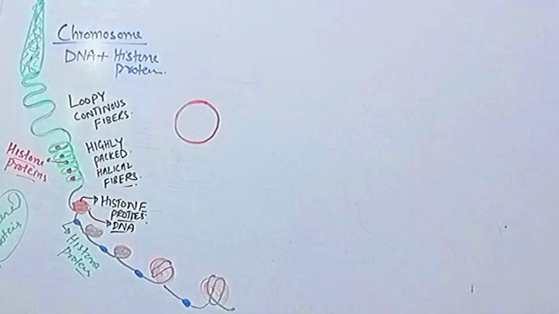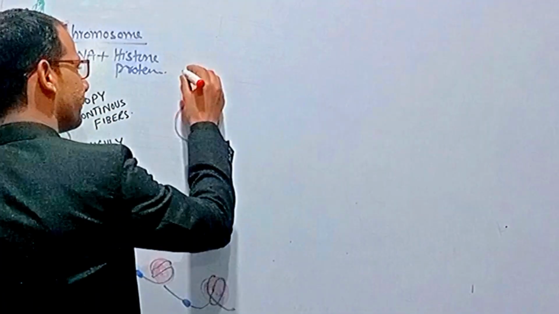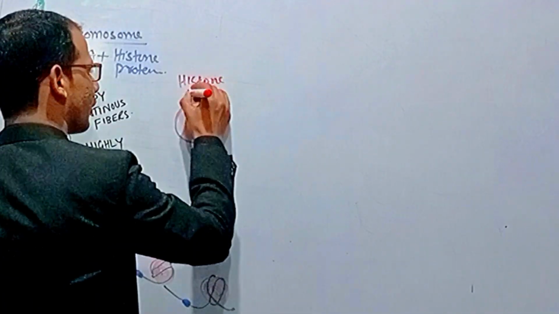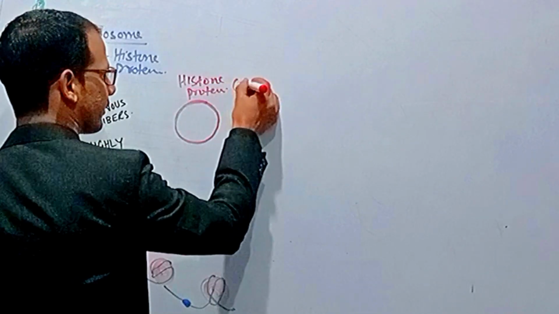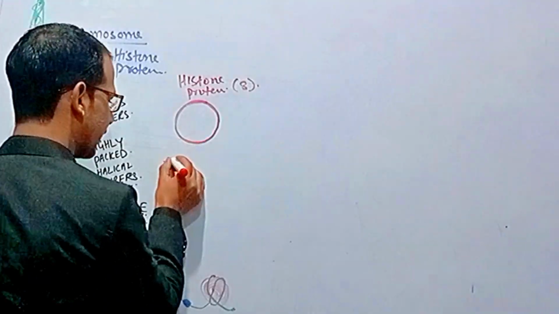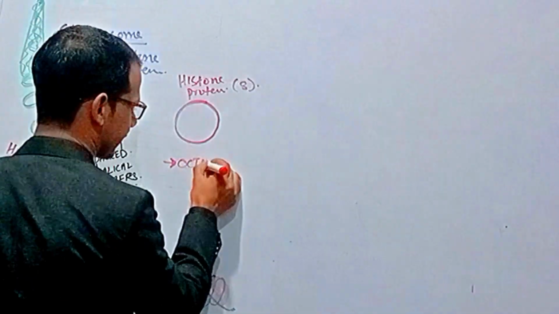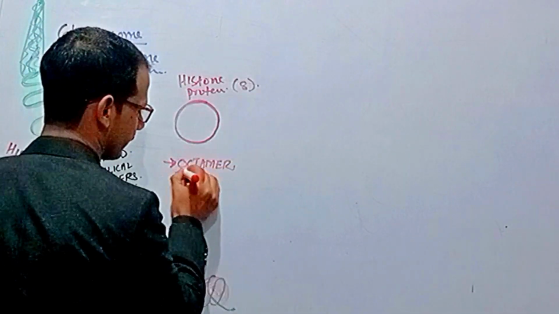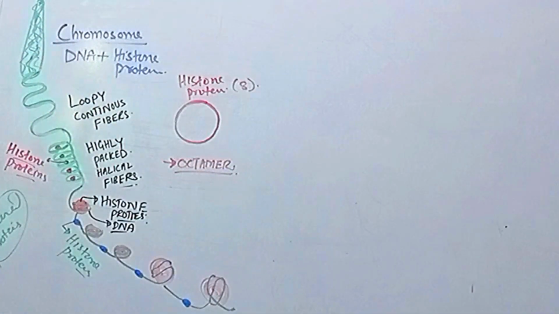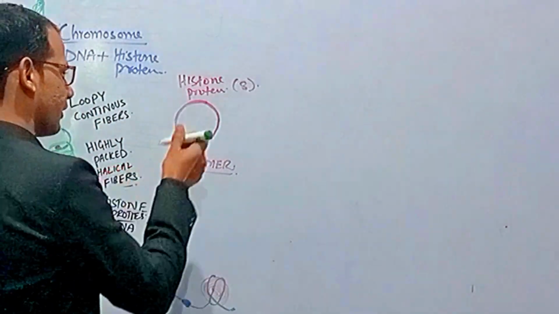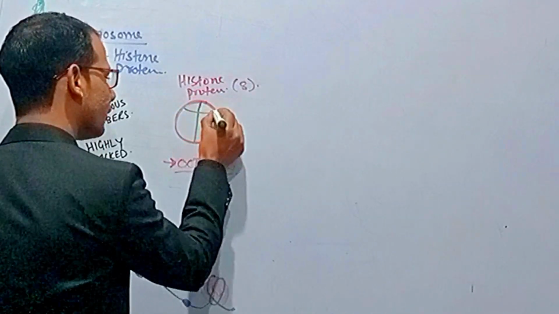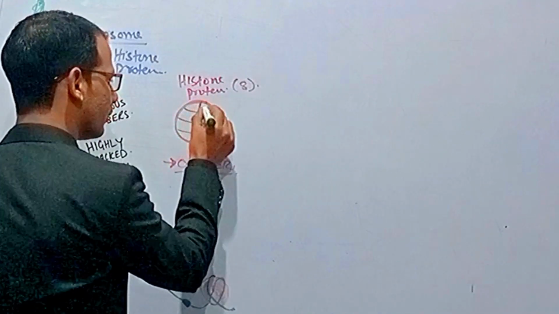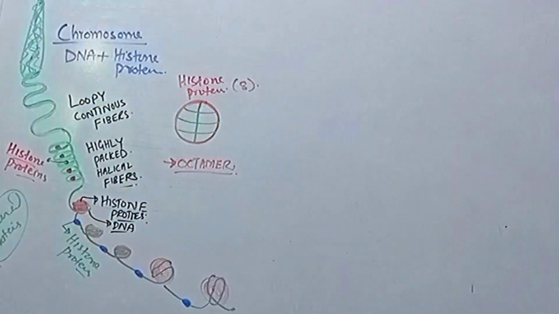This red histone protein, around which DNA makes two loops, is composed of 8 units. That's why this is called an octamer, having 8 units. For example, 1 2 3 4, 1 2 3 4 5 6 7 8 units.